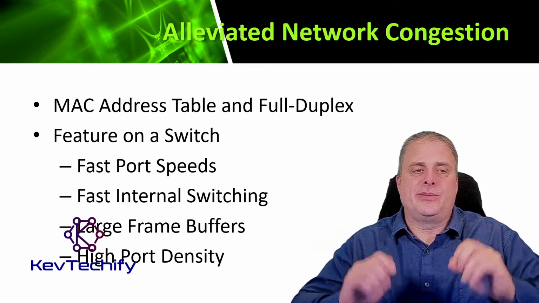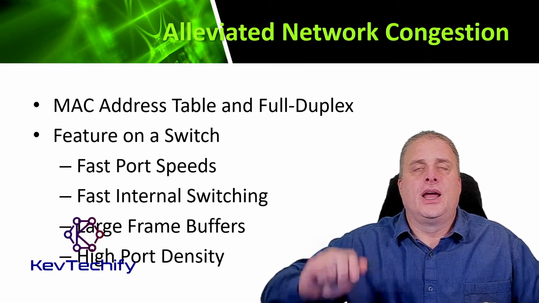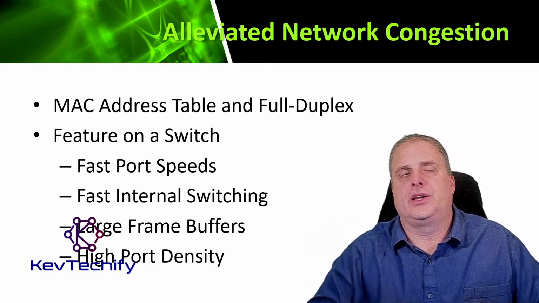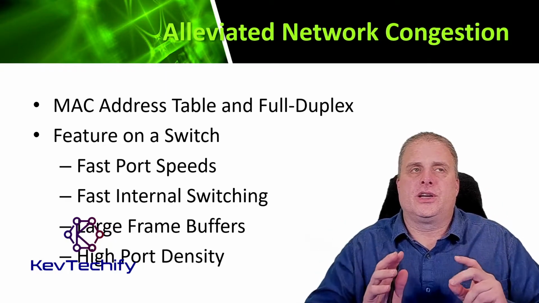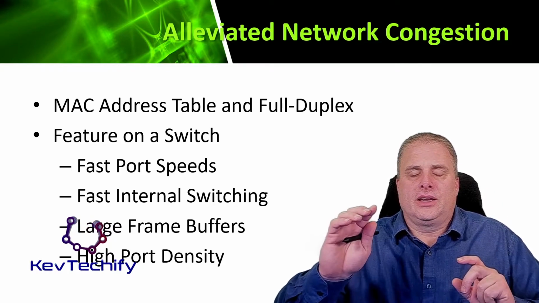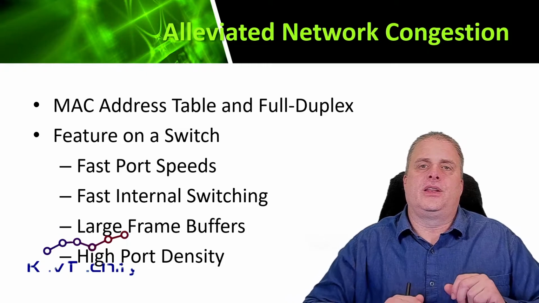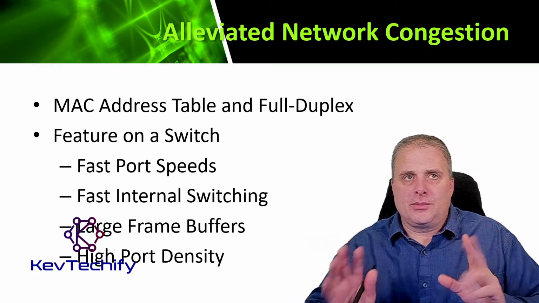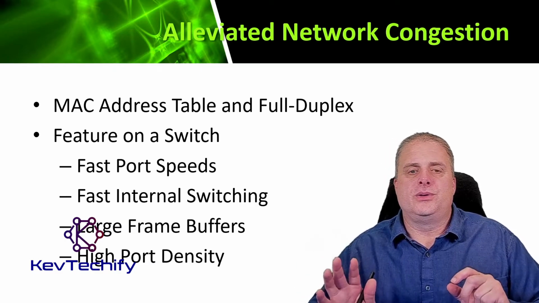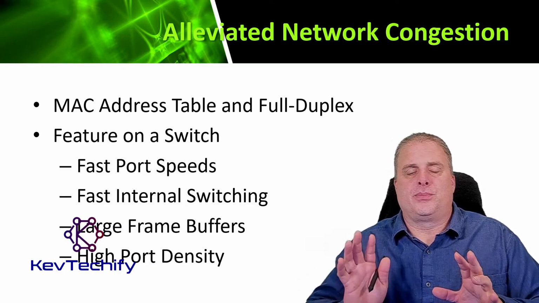Layer 2 switches typically use MAC address tables and full duplex to eliminate collisions and avoid congestion. Now, there are a couple of features on a switch that they use to help alleviate network congestion. The first one is fast port speeds. Depending upon the model, switches may have up to 100 gigabit port speeds.